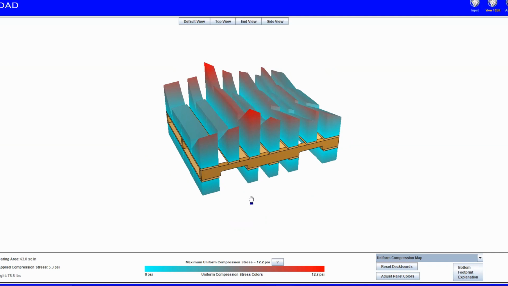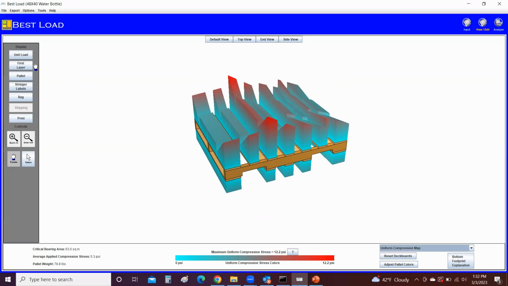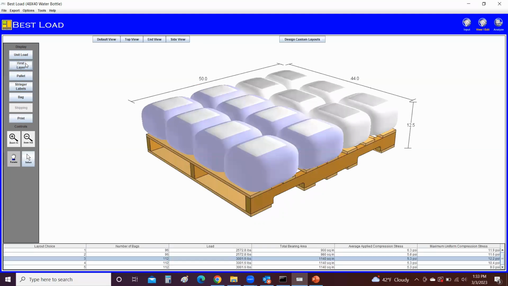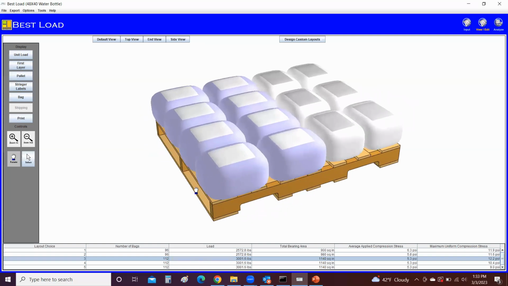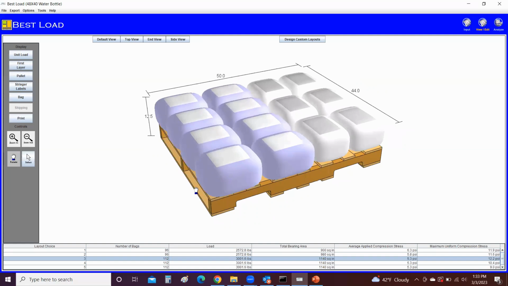Before modifying the pallet design, we may want to consider the stacking configuration being used. Here we can see the first layer of water bottle packs on the top deck.